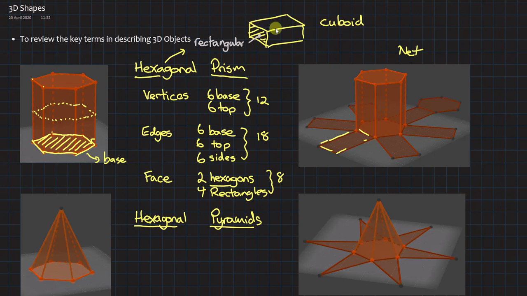If all the sides are the same and it fulfills this requirement of all angles being 90 degrees, the special case is a cube, and that's where all edges are the same and all angles are right angles. Okay, they're the special cases though.